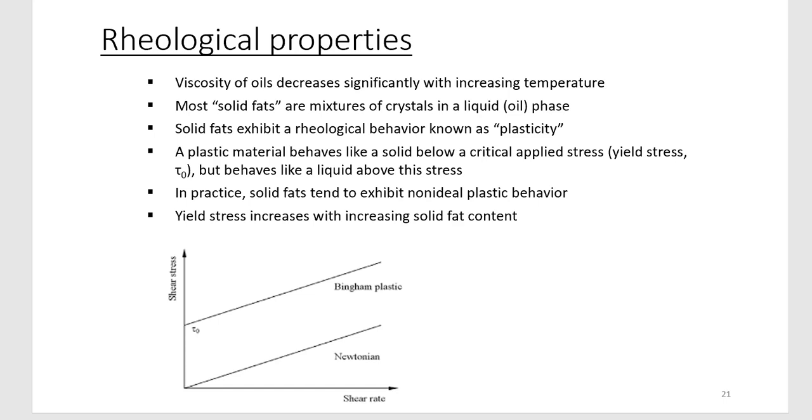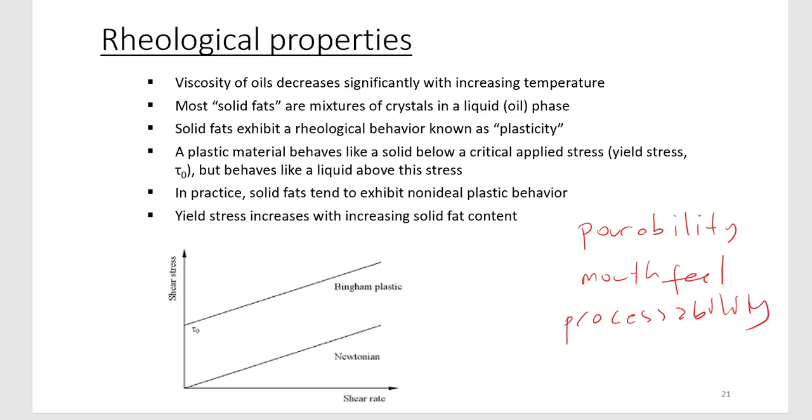Rheological properties of oils and fats are important to have an idea about product pourability, mouthfeel, processability, like mixing, spraying, pumping, heating, cooling. Here, shear stress is the force acting on unit area required to cause flow.